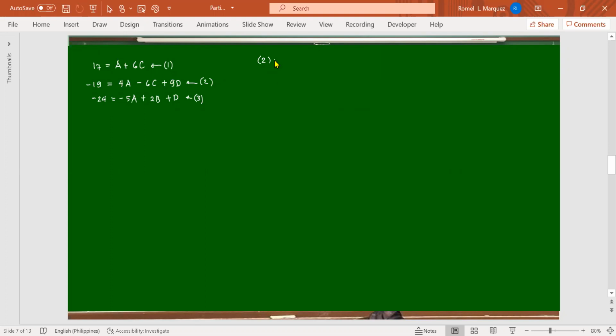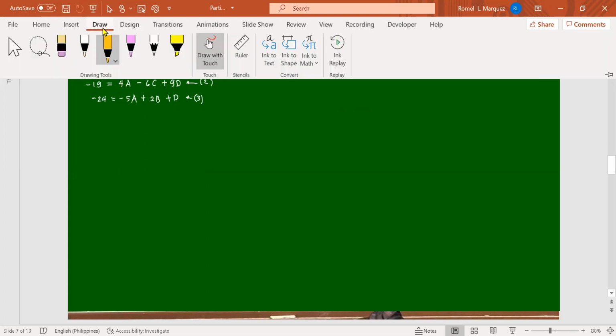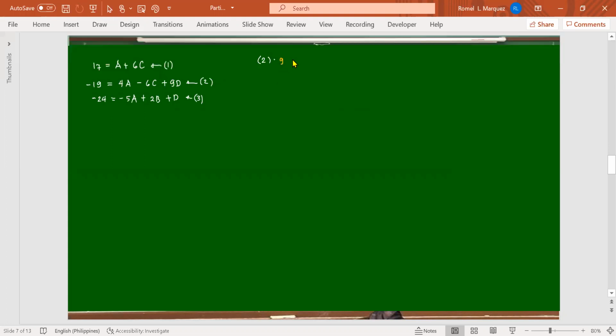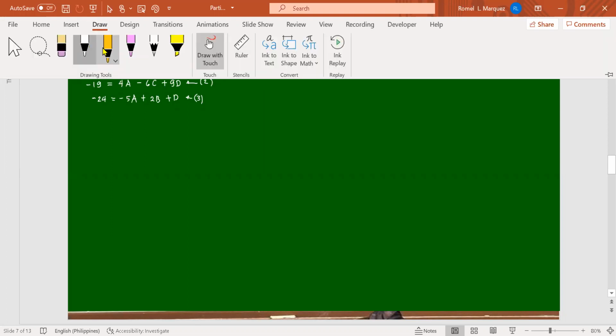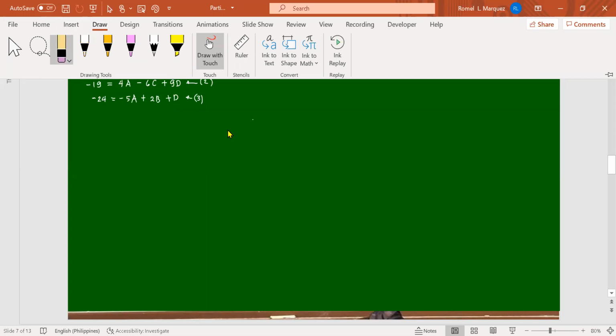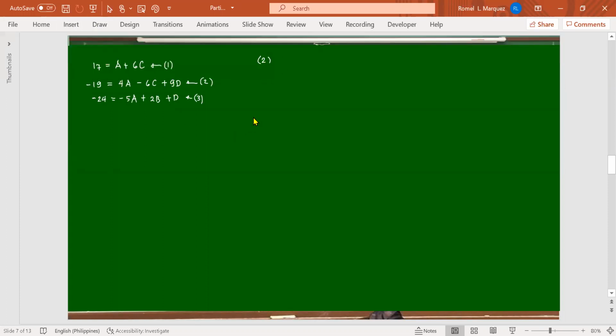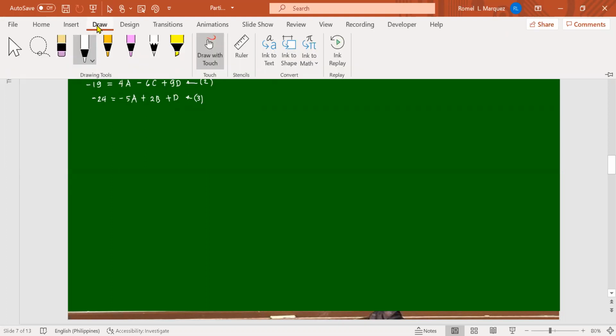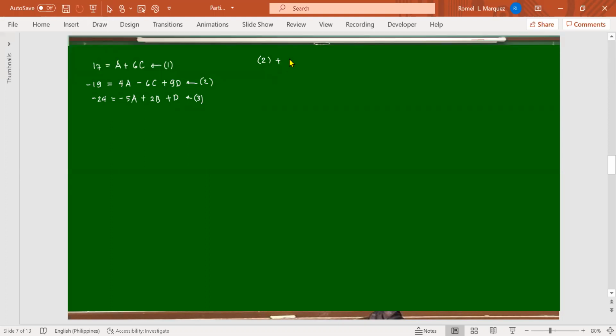I think we need to multiply by 9. Let me change the color. And then equation 3 is multiplied by 9. The one that is multiplied by 9. So this is plus equation 3, but equation 3 is multiplied by 9.